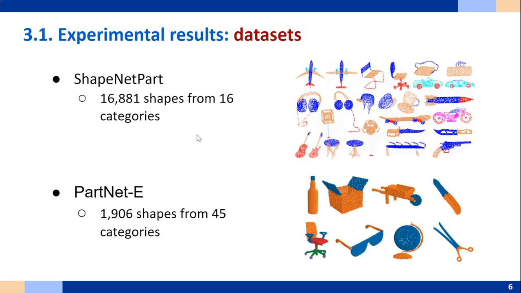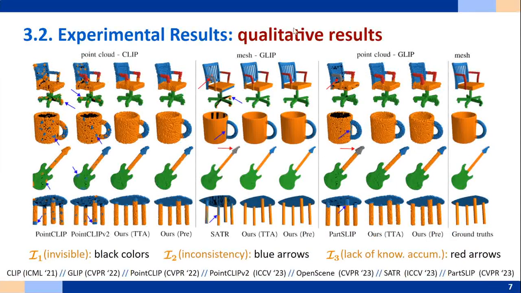We experiment with our proposed method on two datasets. The first is the ShapeNet Part dataset and also the PartNet-E dataset. And we provide the qualitative results as shown in this figure here. We compare with recent state-of-the-art methods based on the data type, which can be point cloud or mesh data, and also based on the employed VLM, which can be GLIP or CLIP here.